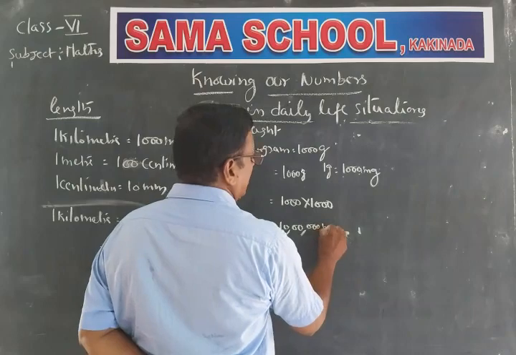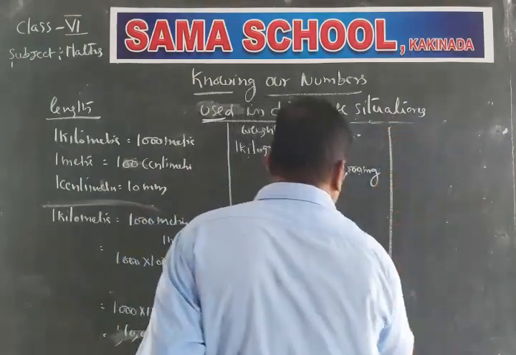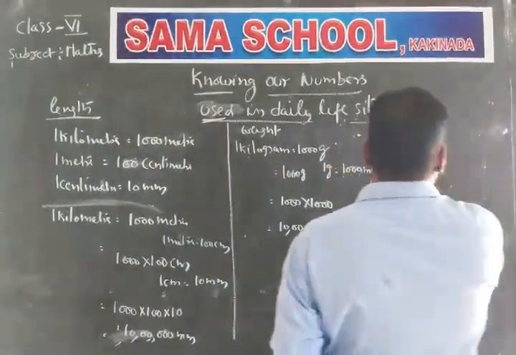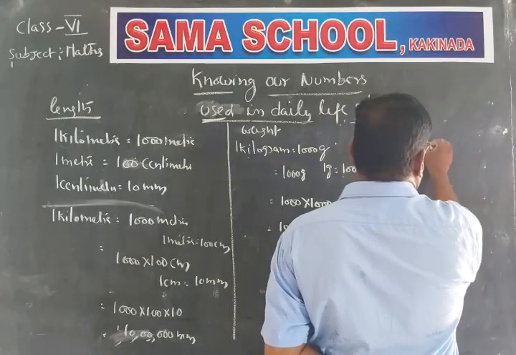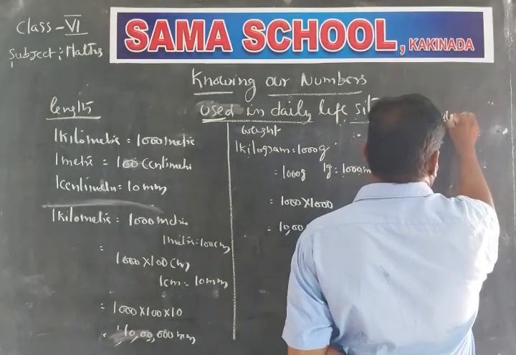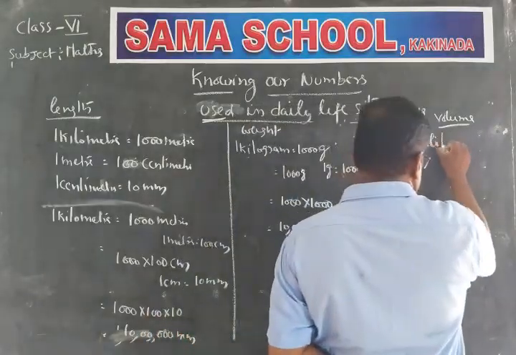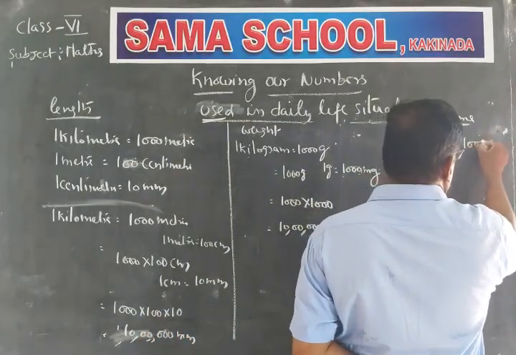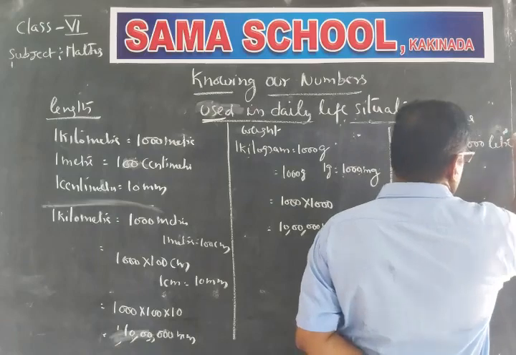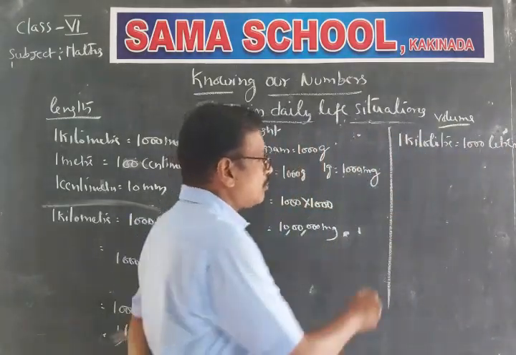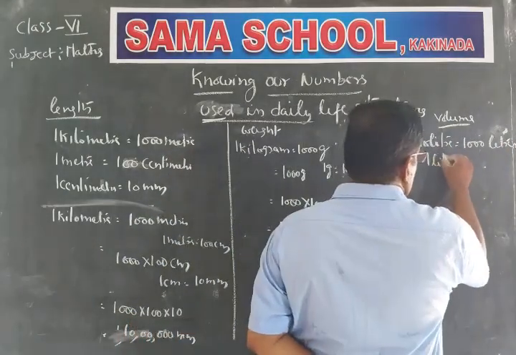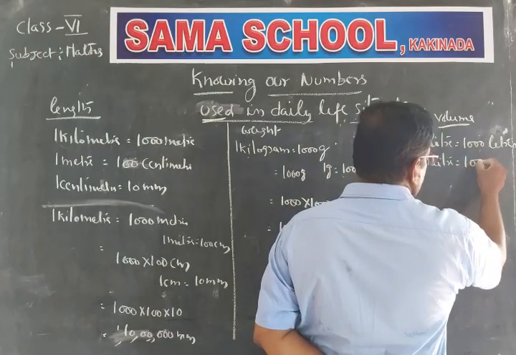That is 10 lakh milligrams. Now the kiloliter. This is the volume of measurements. 1 kiloliter is equal to 1000 liters. 1 liter is equal to how many ml? 1000 ml.